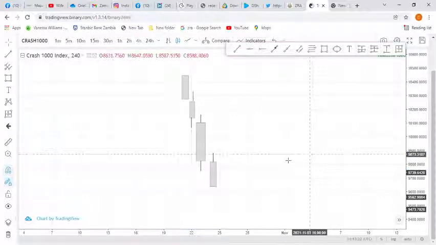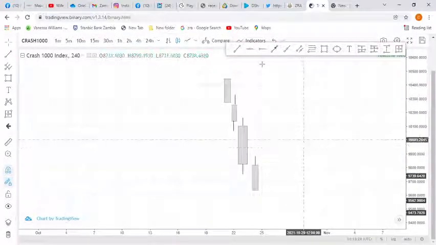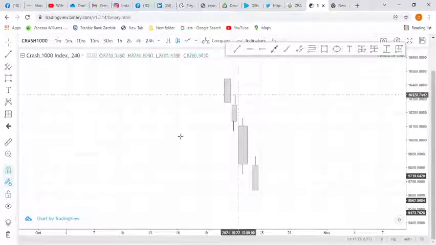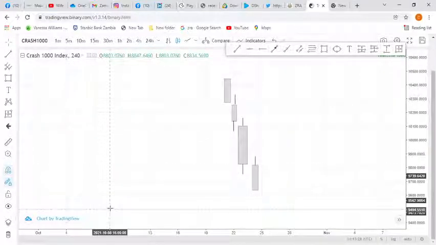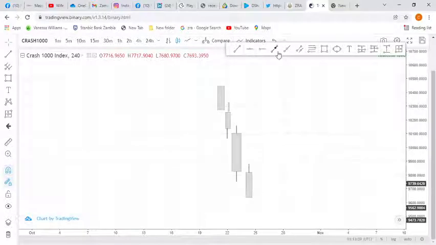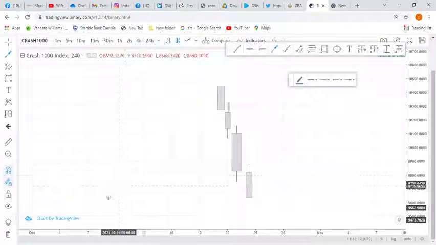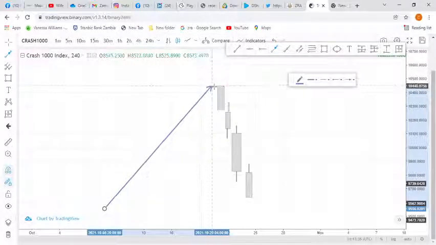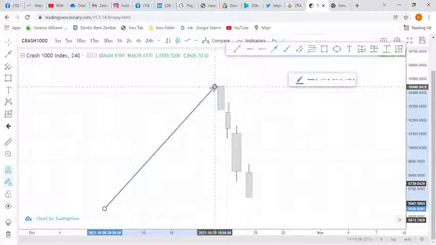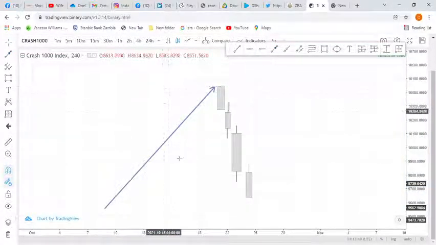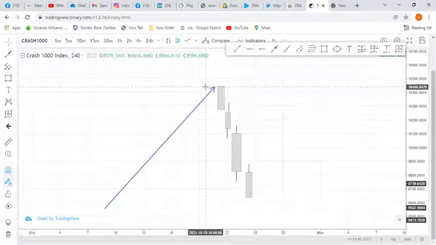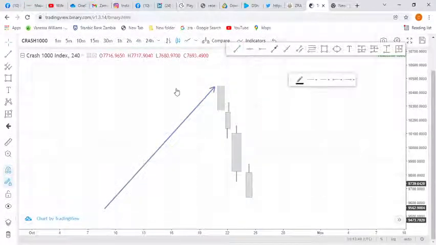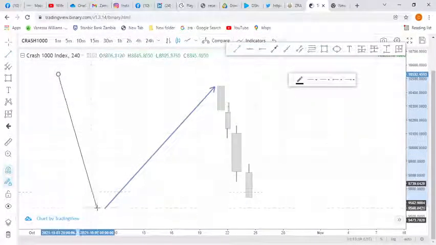I want you to follow this. The market is moving from here, coming up there. You see, right? The market is moving like that in that motion. Maybe, probably like we have said, the market came from here.